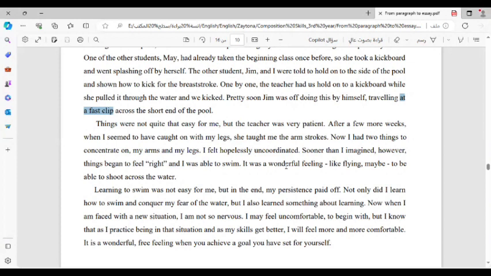Okay, so at a fast clip means quickly. So this is an idiom. It is so important to learn idioms and expressions and try to use them while you are speaking or while you are writing. Okay.